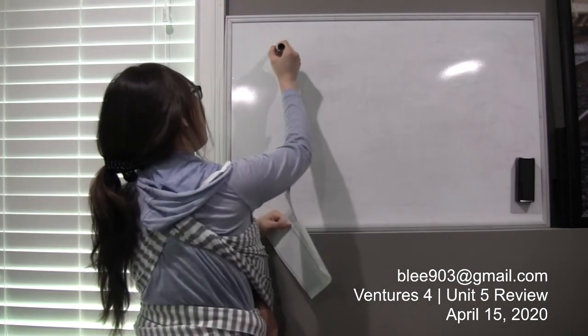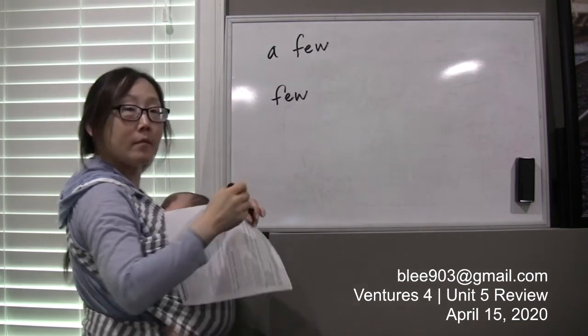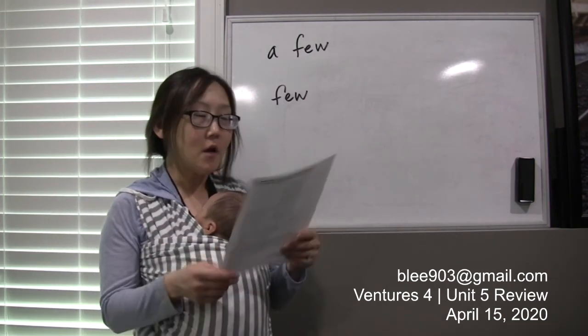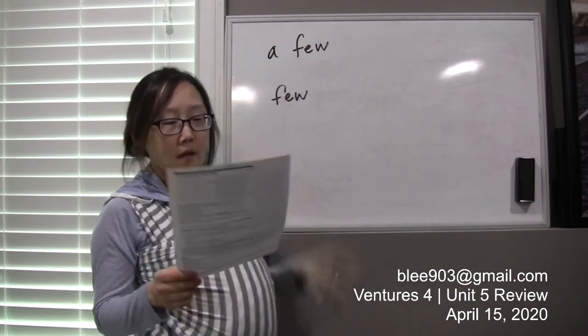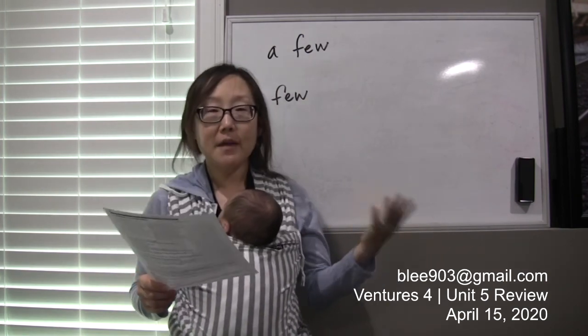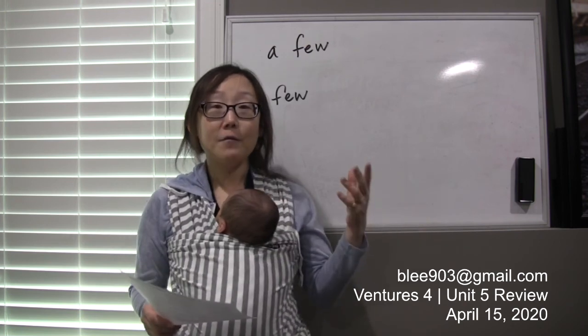Okay, so let me make a few comments on this passage, on this article as well. So I want to explain the difference between a few and few. So when we use a few, it is neither positive nor negative. It just means you have a certain number of something, like I have a few face masks.